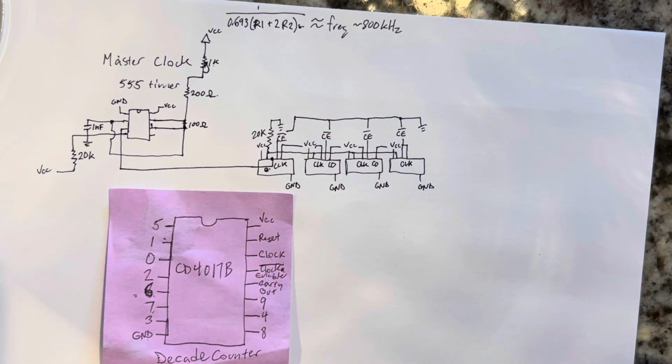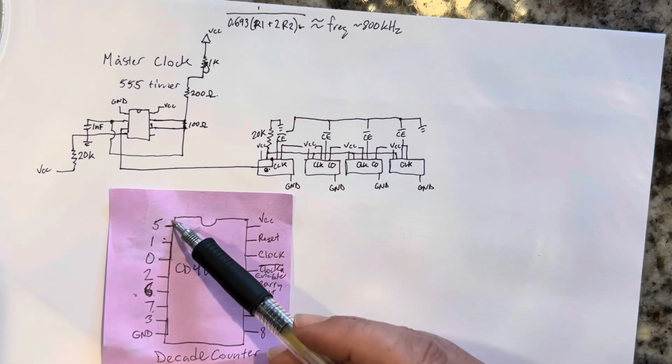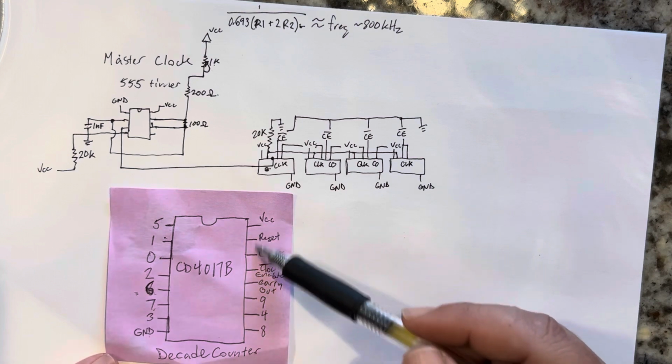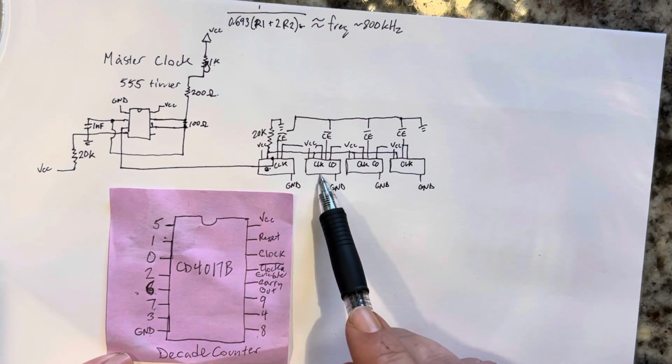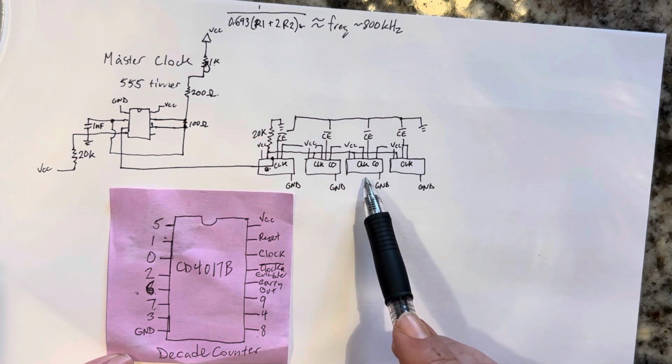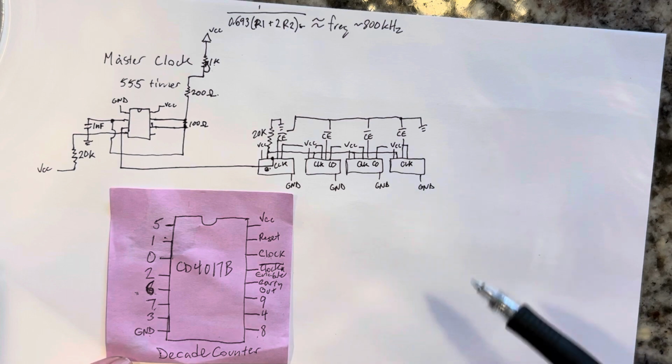So now, these pins here, shown here, are the values of the pins. So this is the ones digit, this is the tens digit, this is the hundreds digit, and this is the thousands digit.